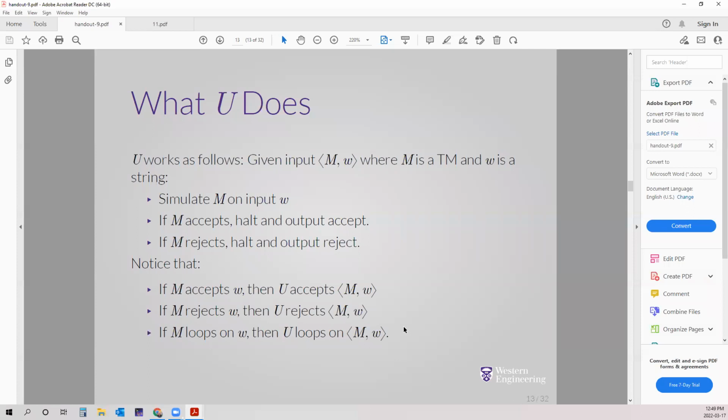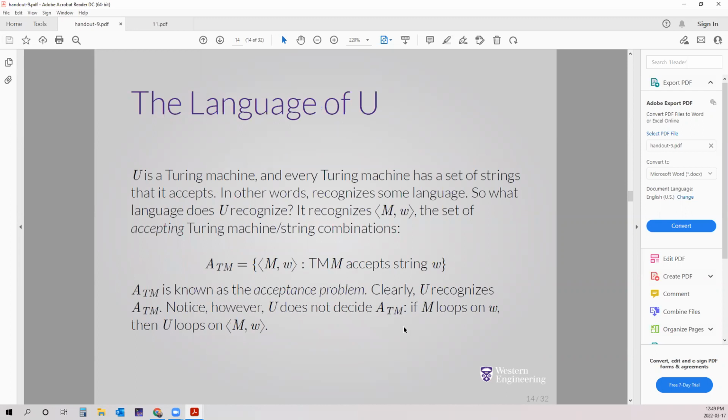And you remember, we talked about three situations in the previous lectures: halt and reject, halt and accept, or loop. The language of U. What is the language of U? Every Turing machine has a set of strings that it accepts.